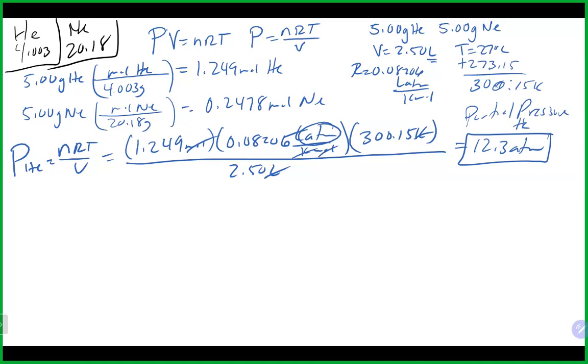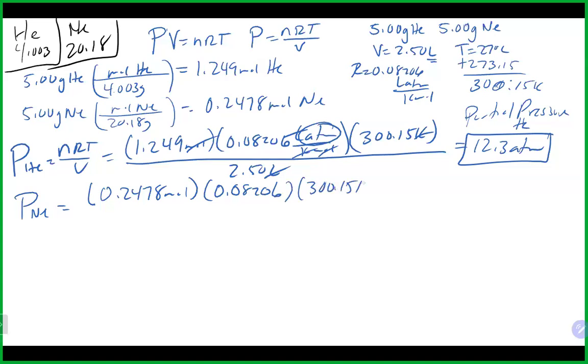We're going to do the exact same calculation for our other gas. The only difference is our moles. So we use our moles for the other gas, 0.2478, our R, 0.08206, and our temperature, 300.15, divided by 2.50 liters.